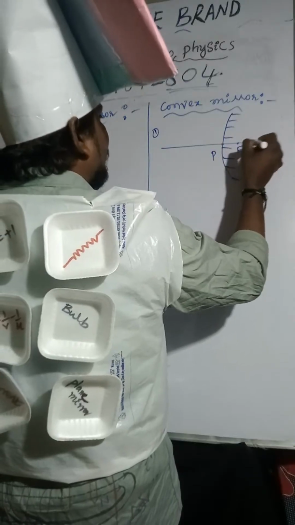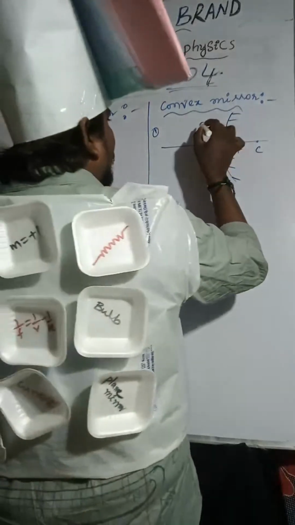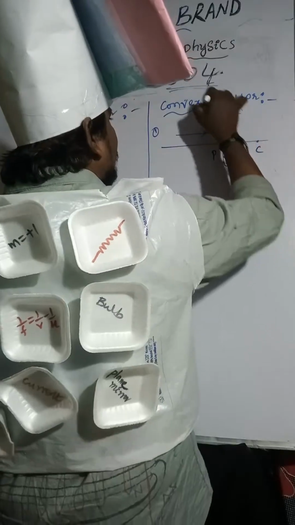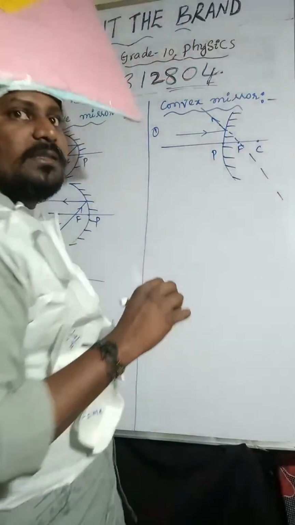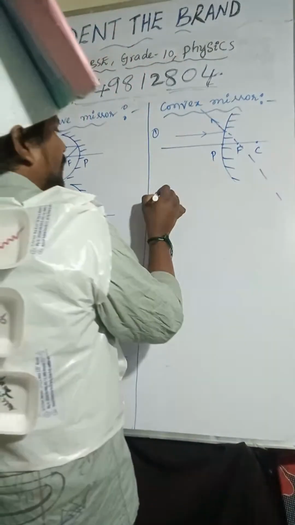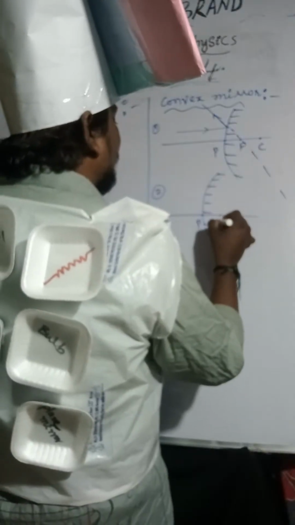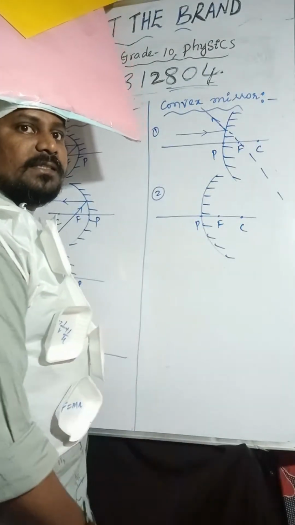Pole, focus, center of curvature. Light rays coming from infinity, after reflection, pass through focus. Now, second one: pole, focus and center of curvature.